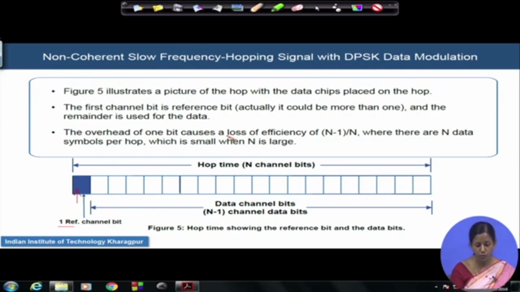There is a loss of efficiency associated with the transmission, and based on how many bits you are adding there, your efficiency is calculated. As here it is 1, so (N minus 1) by N is the efficiency. If you increase this number from 1 to some higher number, let us say capital L, then the efficiency will be given by (N minus L) by N.